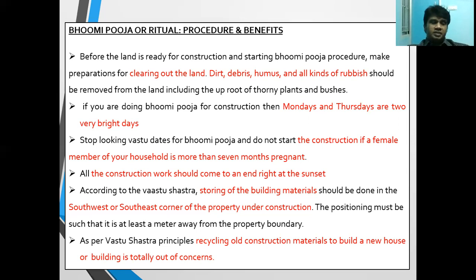Because in the northeast direction, the air ventilation and the light pass into the flat or your home. So when you dump these materials in this direction, your lighting is affected and the air circulation is affected. That's why they say you can preferably go for southwest or southeast directions. Then you should not reuse recycled old construction materials in new buildings.